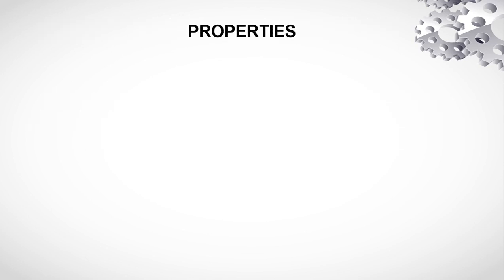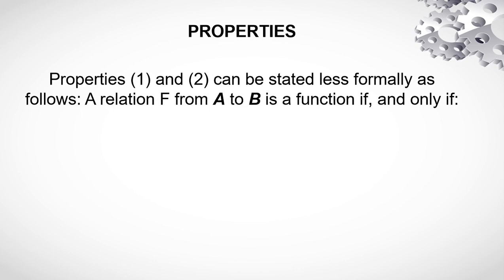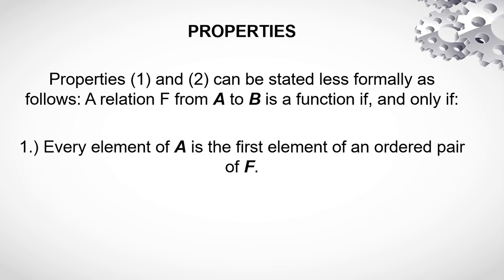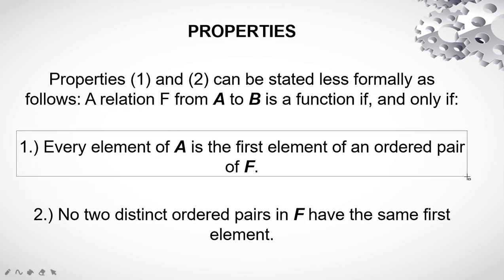Now, under functions, we have properties. Properties 1 and 2 can be stated less formally as follows. A relation f from A to B is a function if and only if... So, these are the two properties.